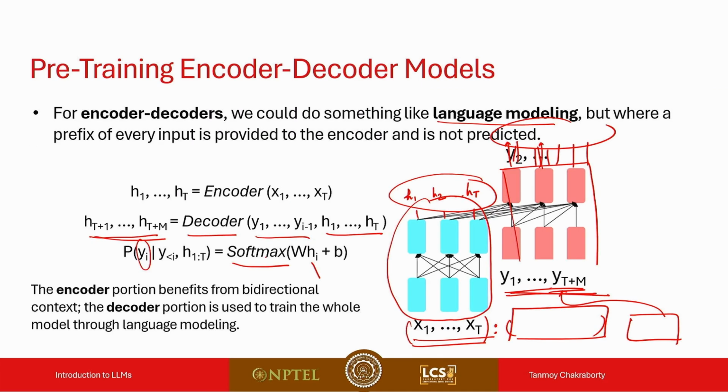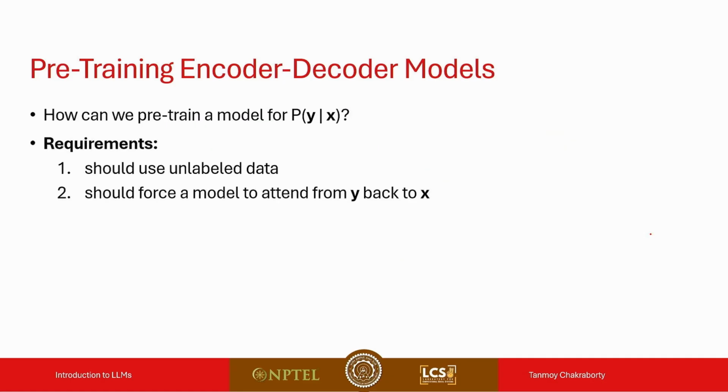Now, whatever we discussed so far in this slide, I said that there is a task, let's say summarization, or let's say machine translation. For these tasks, you need a lot of human-level data, isn't it? But now the question is, we have seen in case of the BERT model, we did not require labeled data.